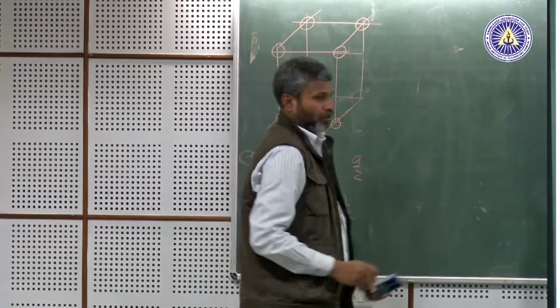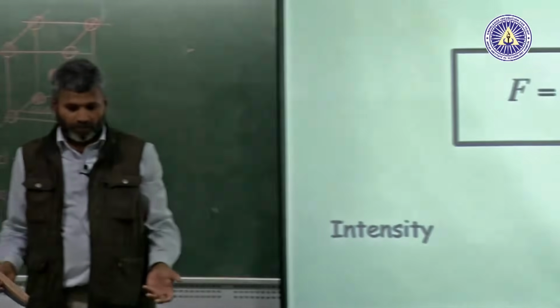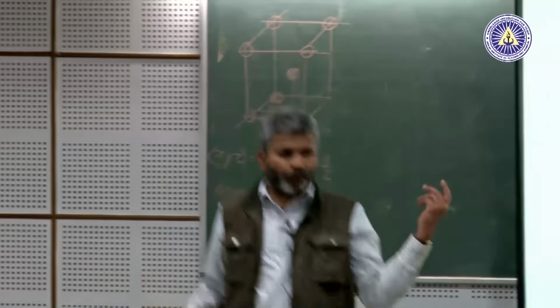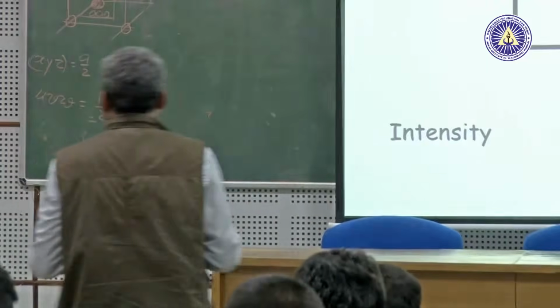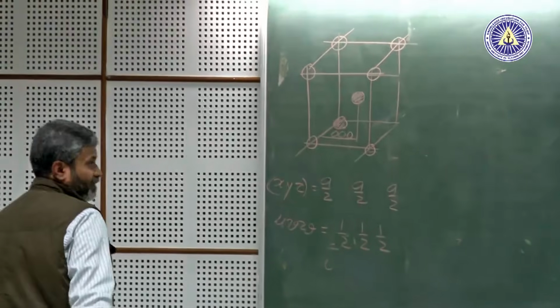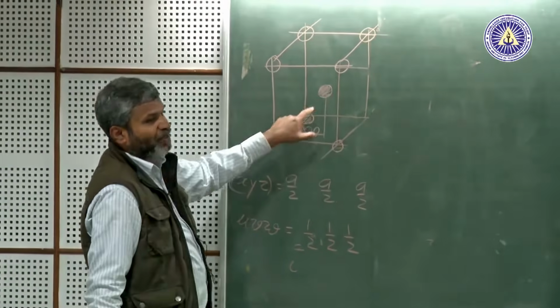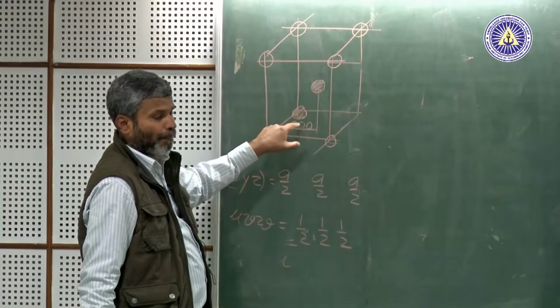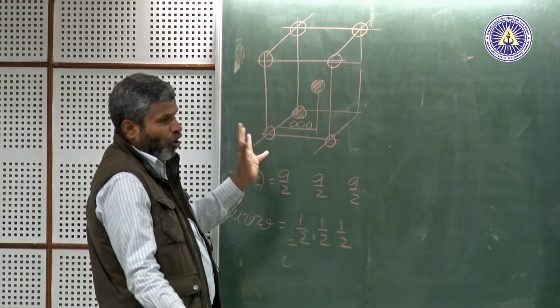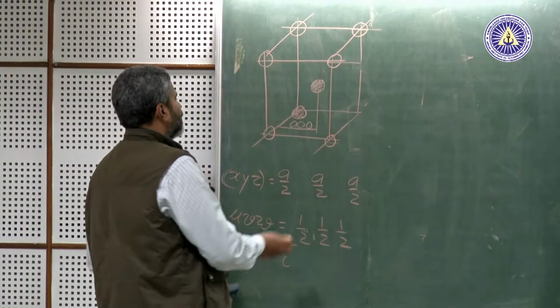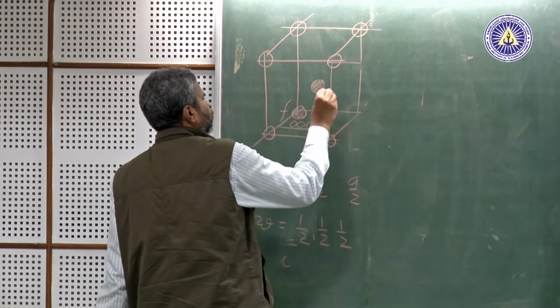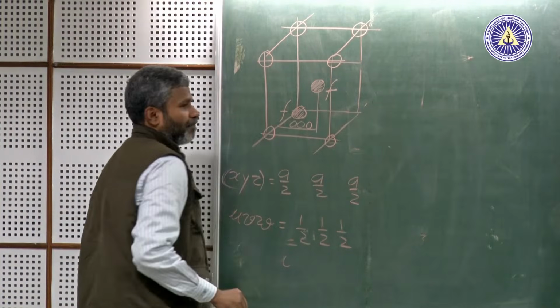So, in this summation you have only 2 terms, one at 0 0 0 and one at half half half, and if it is a cesium chloride structure, then the atomic scattering factors will be f cesium and f chlorine. If it is a normal BCC, then the atomic scattering factor is also same, f and f.